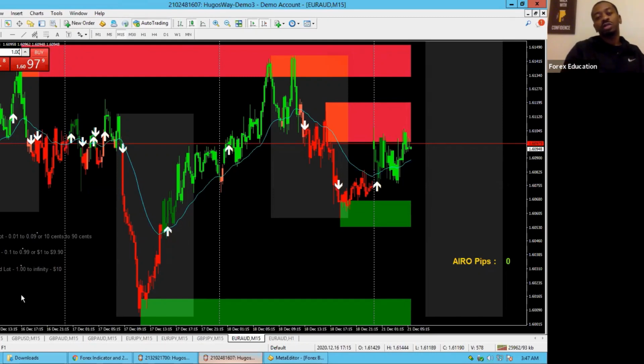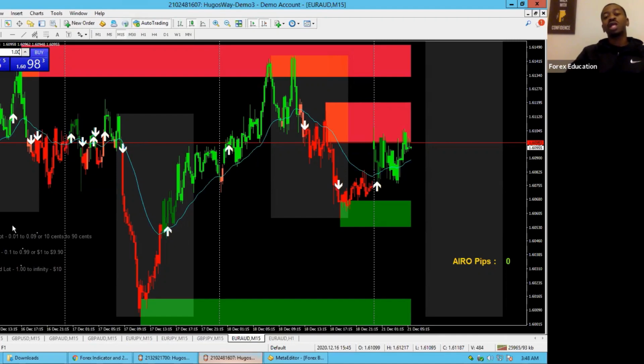That's 0.01 times 100, which gives you the standard lot. If you're using just a $100 account, you should be using a 0.01 lot size. That's what I recommend. Again, as you trade longer and understand your level of risk, you can adjust your lot sizes based off of the level of risk that you're willing to take on.